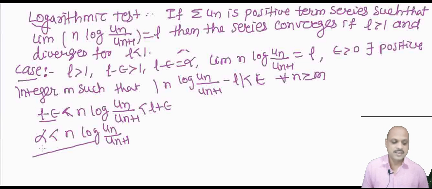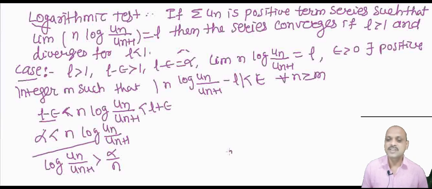Dividing by n, we can write log of un divided by un plus 1 is greater than alpha divided by n. Now taking exponential on both sides, the exponential and log cancel and we get un divided by un plus 1 is greater than e raised to alpha divided by n.